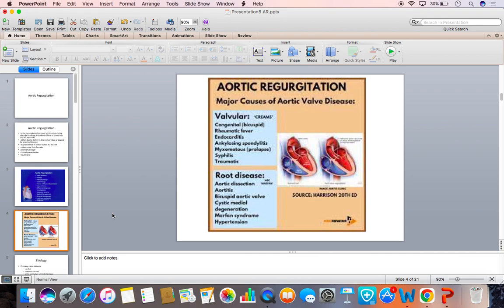Others are myxomatous degeneration followed by prolapse, syphilitic aortitis, or trauma. Diseases of the aortic root include aortic dissection, aortitis of any cause, bicuspid valve again, cystic medial degeneration, Marfan syndrome, and hypertension.